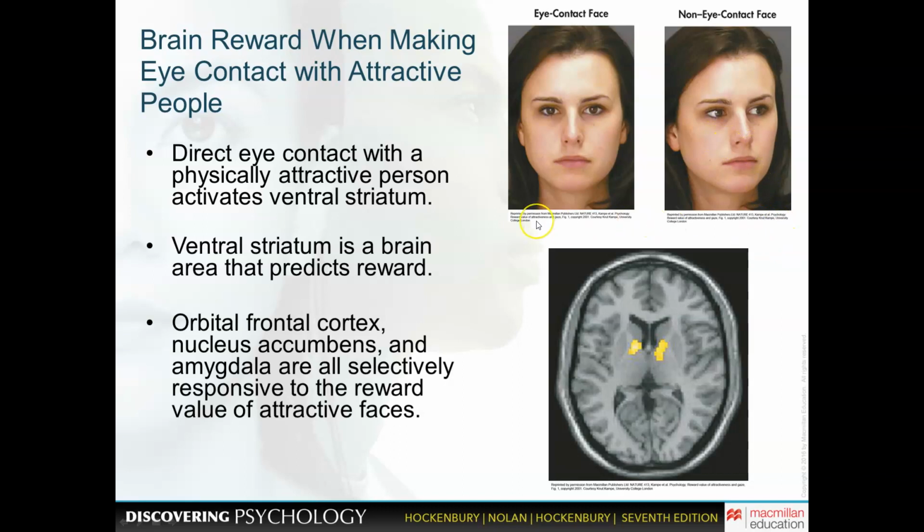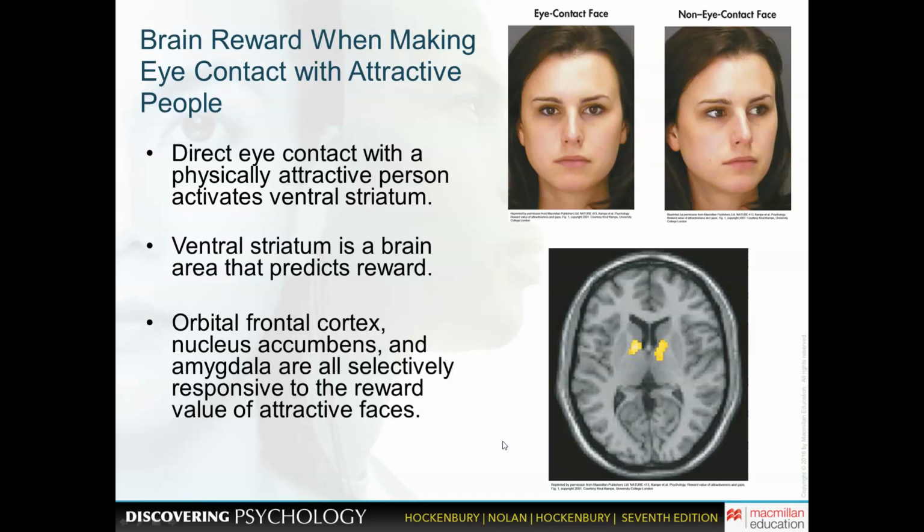Remember I said that eye contact ignites certain parts of the brain, and I listed a couple of those. Direct eye contact with a physically attractive person activates what's called the ventral striatum, however you like to pronounce that. That's the part of the brain that tends to predict reward, like, good things are going to happen here, and this beauty will result in something positive for oneself. You'll be rewarded for that eye contact.